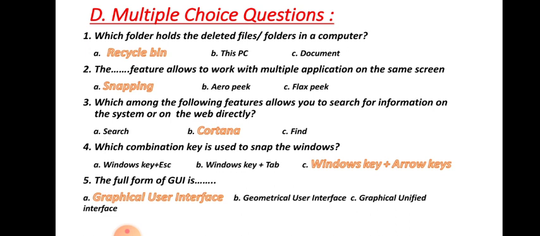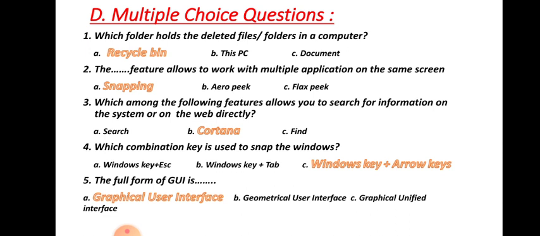Options are search, Cortana, find, and the correct option is Cortana. Cortana allows you to search for information on the system or on the web directly.